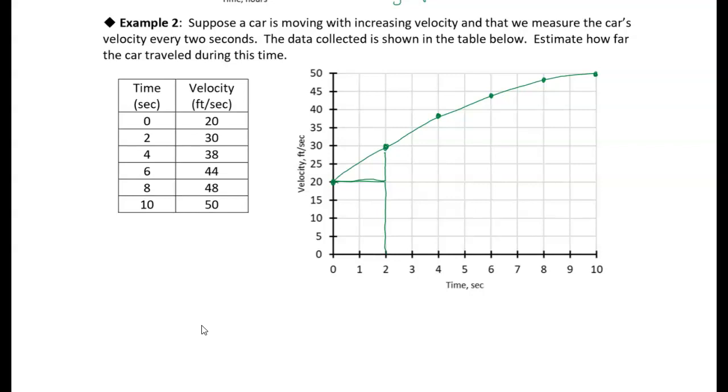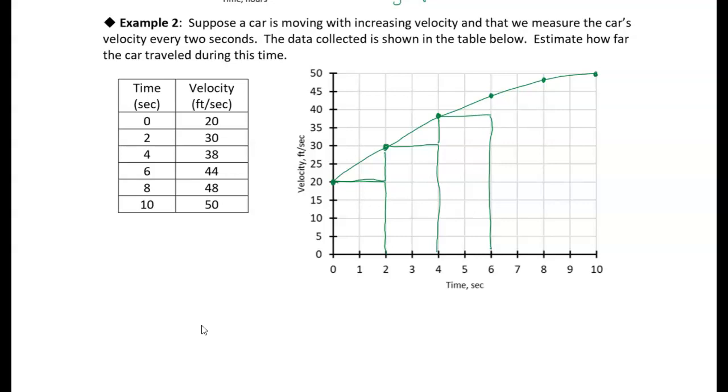If I take all of these rectangles and add up their areas, that's one way that I could get an estimate for the distance that we're traveling. Okay? And that's called a left-hand sum, because we're using the left-hand data point in any given subinterval.